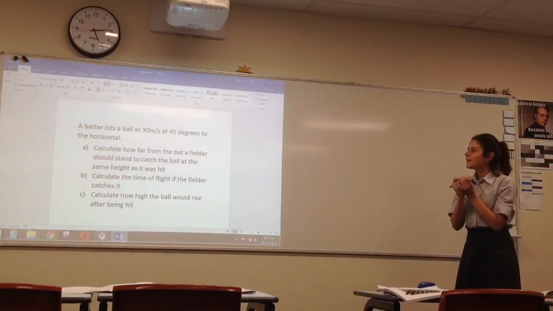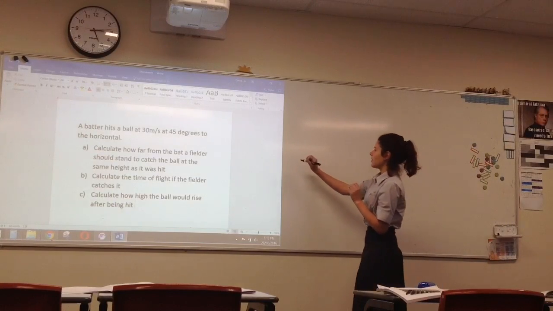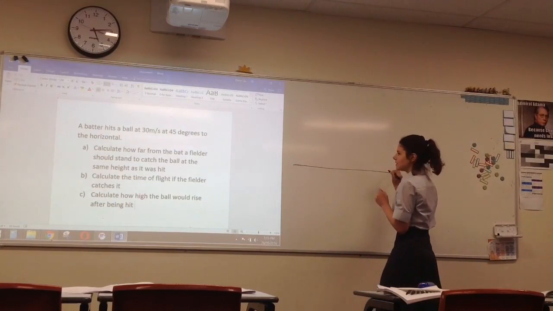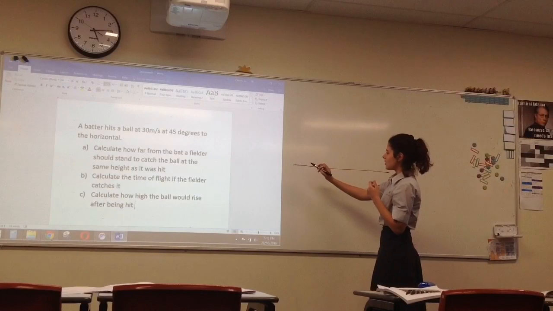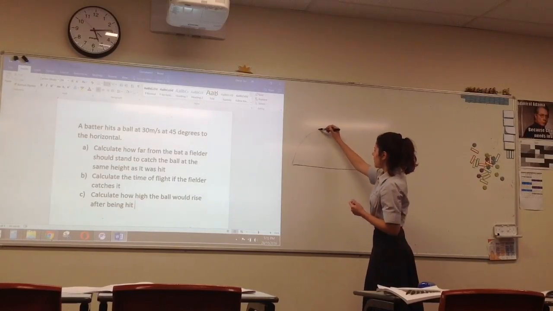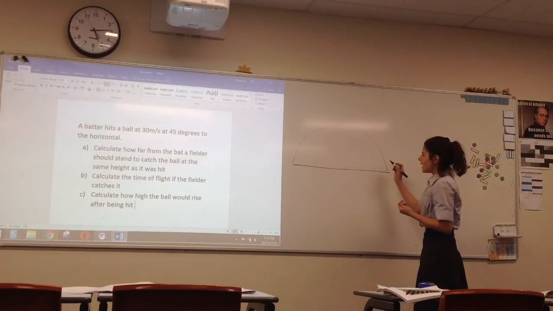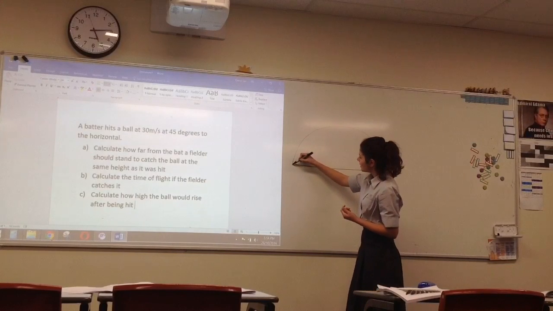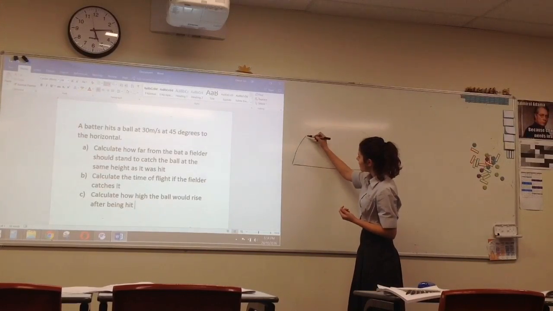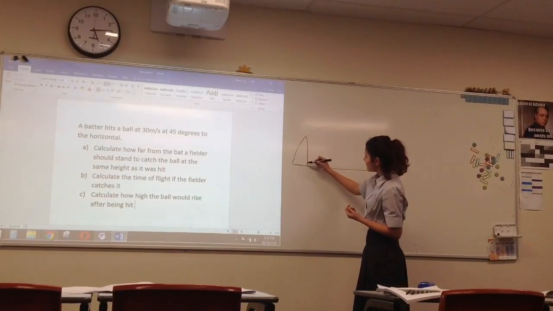Alright, so we have a batter and he hits a ball at 30 meters per second. So basically this is like a parabola again. And then we have a triangle in that.